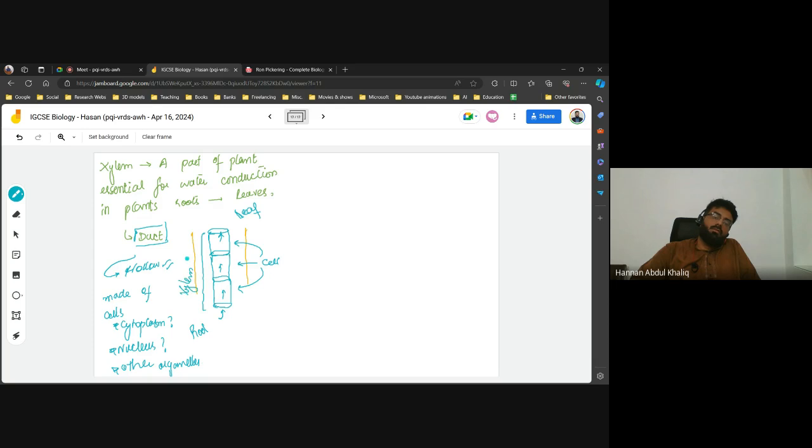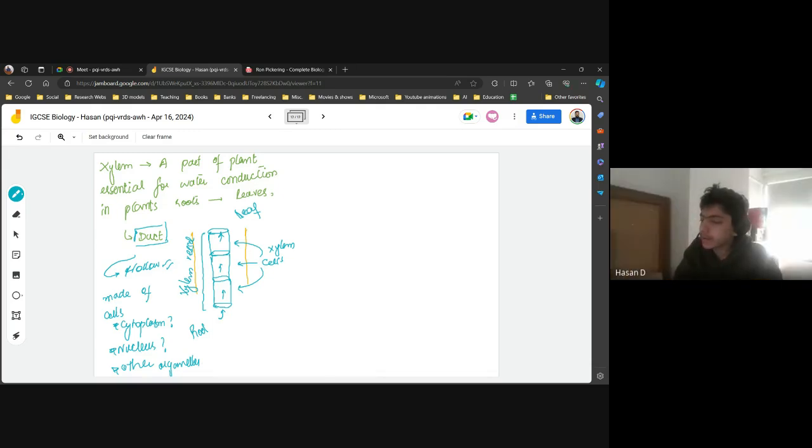The real question is that okay, we are accepting that these are xylem cells, and combinedly they are making the xylem vessel. But if these are xylem cells and this whole bunch of cells is the xylem vessel, then how is it possible that it could be hollow? Do you have any possibility in your mind that the xylem cells could be hollow from inside?